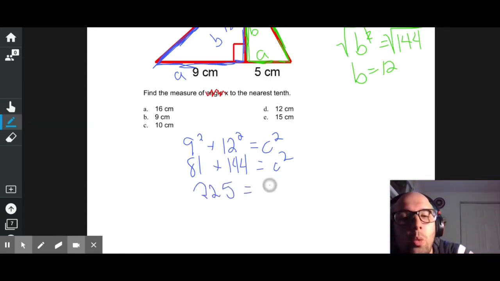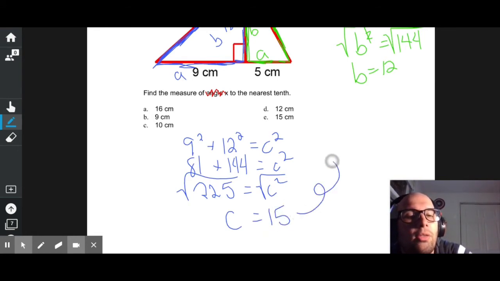Now, why is that such a wonderful number? Because if you square root it, 225 is a nice exact 15.